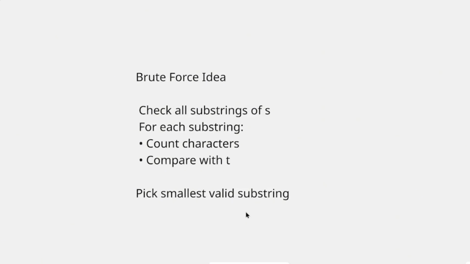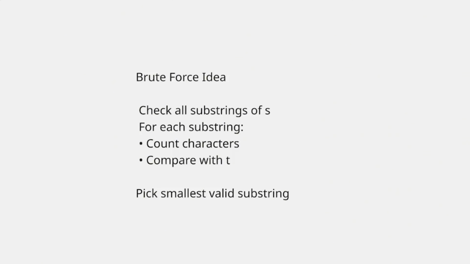At first, let's see the brute force approach. What will most beginners think? Let me check every possible substring and see if it contains A, B, C, and take the smallest. It sounds easy. But the number of substrings is n square, and for each substring the check is n.